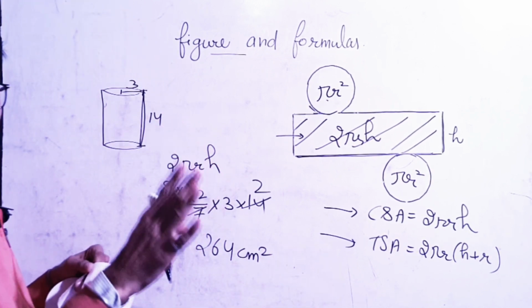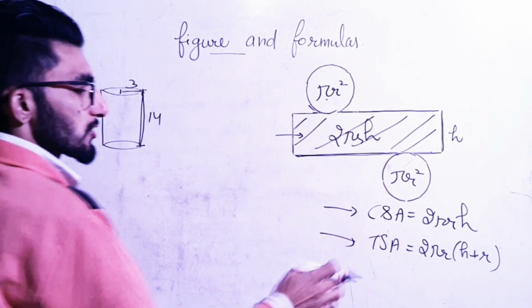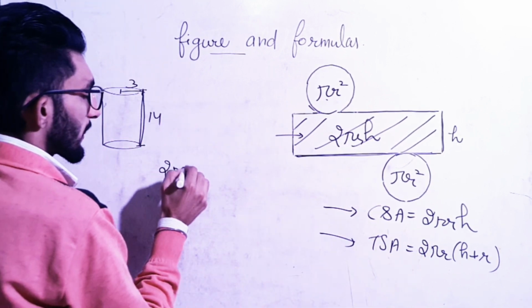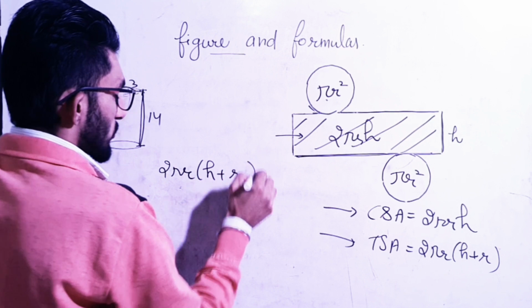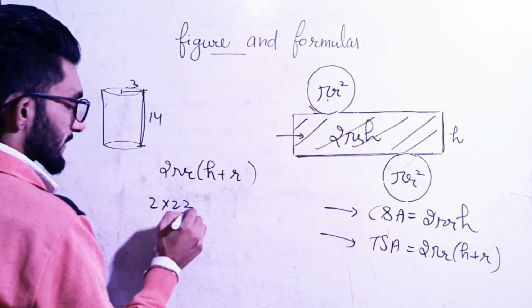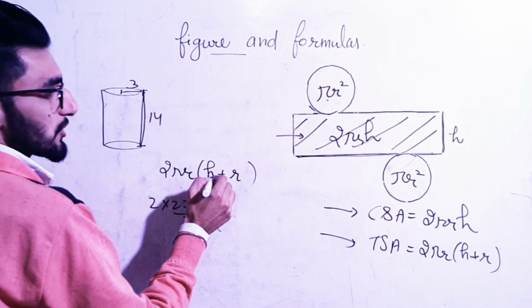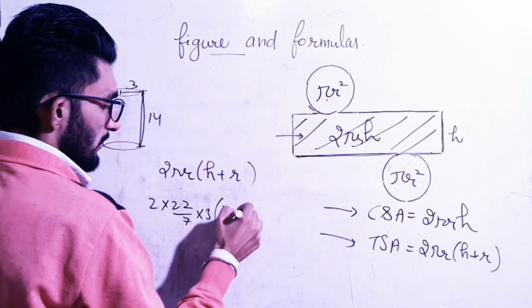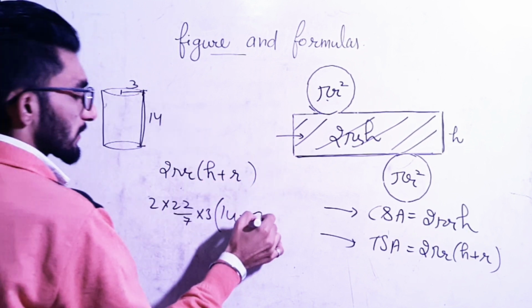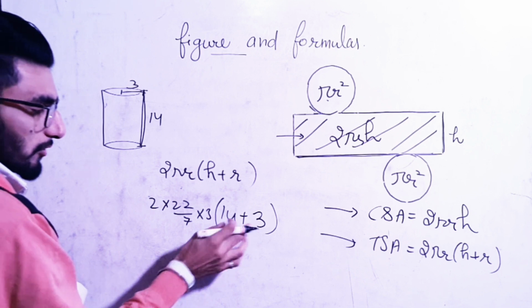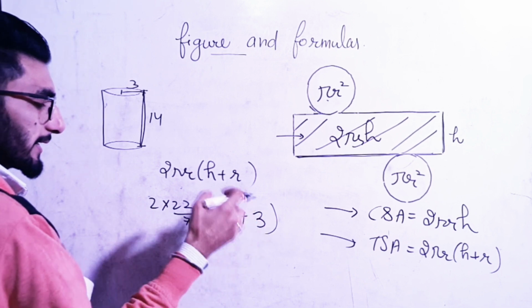ठीक है, now we will find total surface area. So formula is 2 pi r (h plus r). So 2 multiply 22 by 7 into 3, h is our 14 plus r is our 3. Okay, so first of all we will solve this bracket. 14 and 3 will be 17.